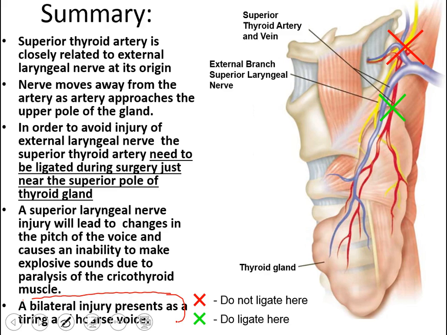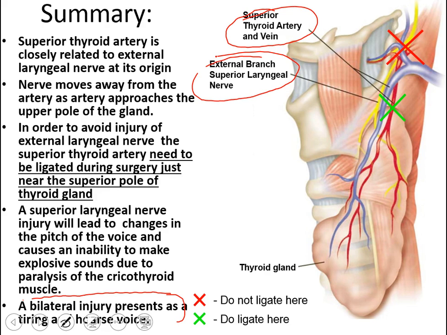Let's summarize what we learned regarding the relationship between the superior thyroid artery and the superior laryngeal nerve. The superior thyroid artery is closely related to the external laryngeal nerve at its origin, as shown on the image. The nerve moves away from the artery as the artery approaches the upper pole of the gland.